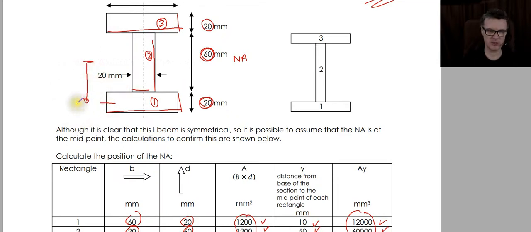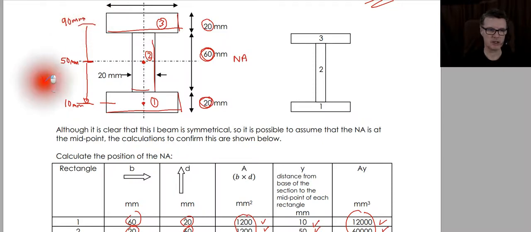This one was at 50 millimeters, and it's dropping down to 10 millimeters to get to this centroid. This one here is at the same location, and the one at the top will be the same. It will be 50, but this time it will be 90.